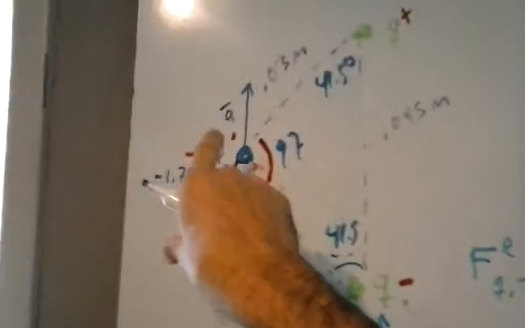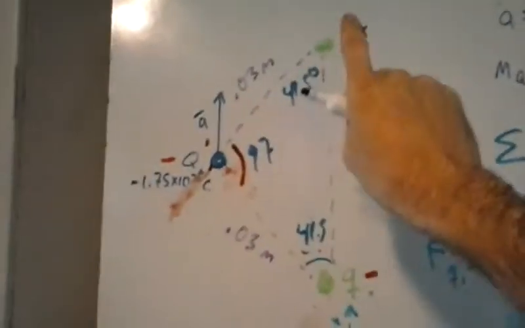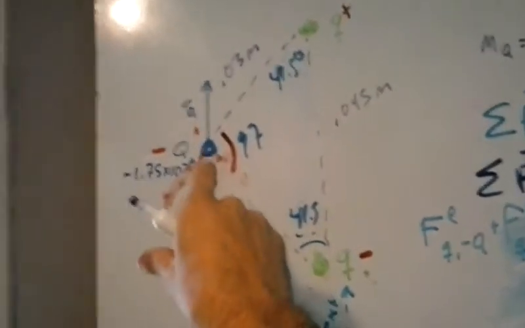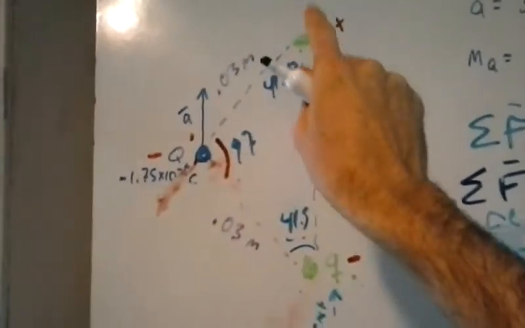So next thing we're going to do is think about the problem that we have at hand. If we're given an acceleration, we know that the net force and the acceleration are in the same direction. So what we need is a force diagram for Q, because the other thing we've got to figure out is what these signs are. I've already marked them positive and negative. But the way you figure that out is you need on your force diagram the force exerted by Q1 on Q plus the force exerted by Q2 on Q to add up vectorially so that they're in the same direction as the acceleration.